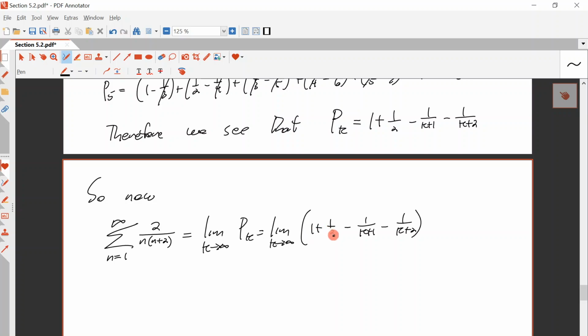This is 1, this is a half, this is 0, this is 0 as k goes to infinity. So that's 1 plus a half plus 0 is 3 halves. So that telescoping series converges to 3 halves.